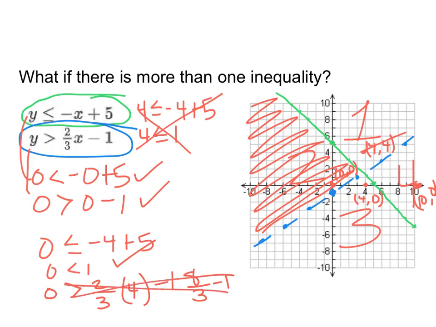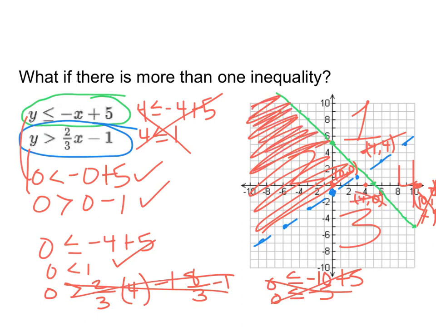And then I test my last point. 0 is less than or equal to negative 10 plus 5, which is negative 5. No, that does not work. So we've eliminated all of them except for this solution region right here.